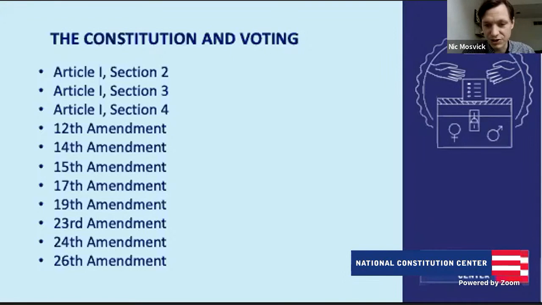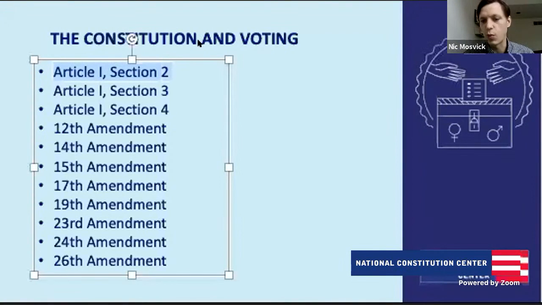Article 1, Section 2 sets qualifications for voters in the United States. House elections are based on the proportion of the population. This is the more democratic provision, since it requires states to elect national representatives with the same rules that apply to the most democratic component of each state government, or its lower house.